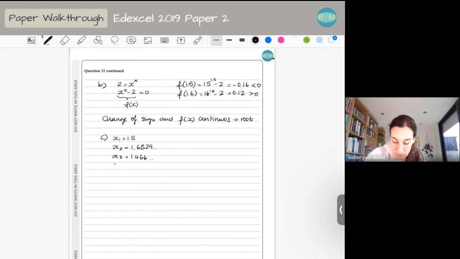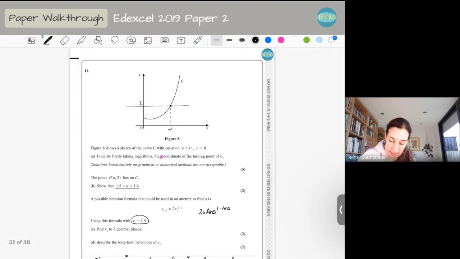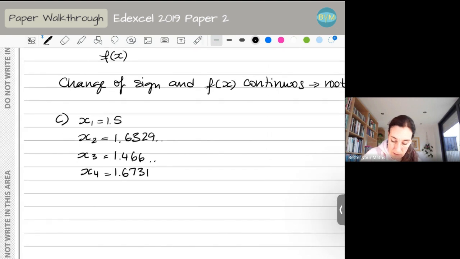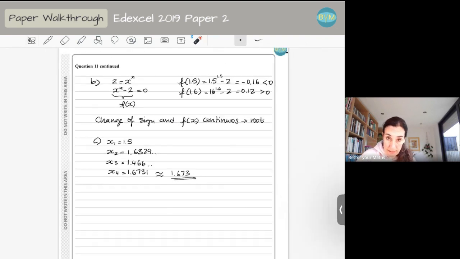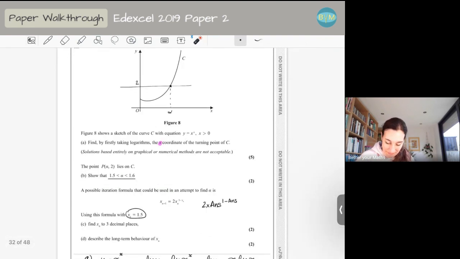The next one, which is the one that they ask, is 1.6731. Are you getting the same? And we have to give that to 3 decimal places. So this one to 3 decimal places is 1.673. This one is the one that they ask. You don't need to write the others, but I just did it for you to check. Is that what you get?